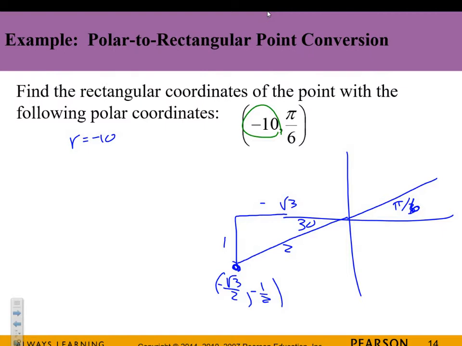So in my mind, it's this unit circle stretched out by 10. And so I just multiply them by 10. If you think about it, all sides could have been divided by 5, and it would have been like 5, 10.